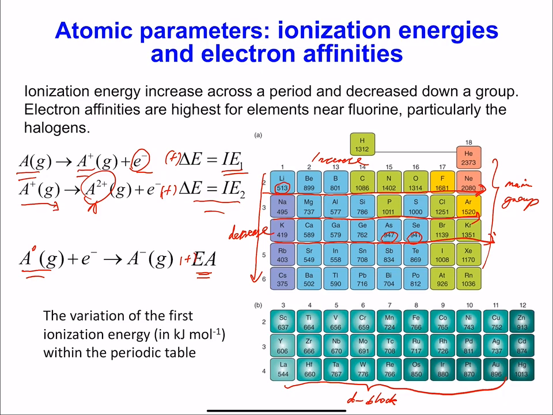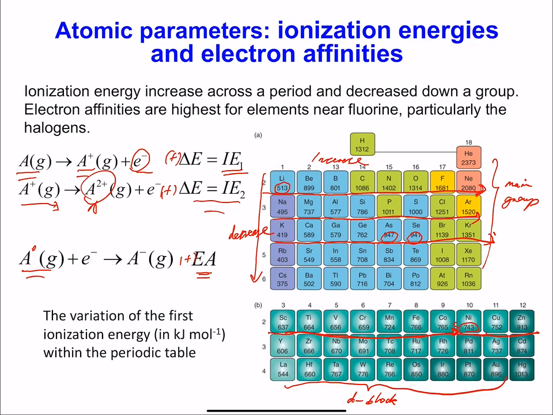Let's look at the first transition metal row. We can say the ionization energy keeps increasing up to this point. Then from group 10 nickel to copper, there's some exception here.